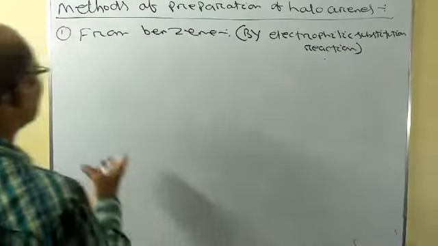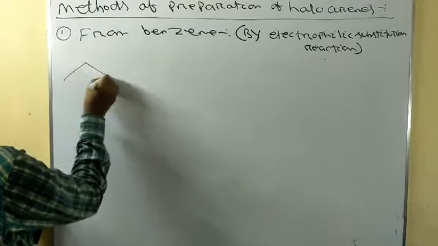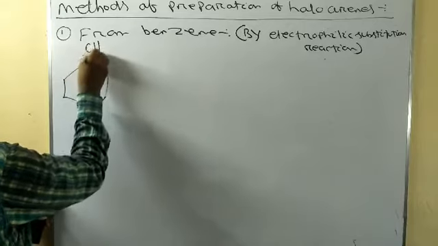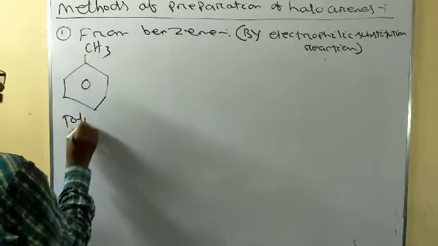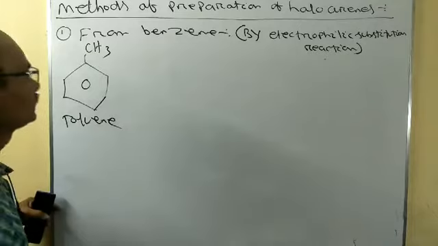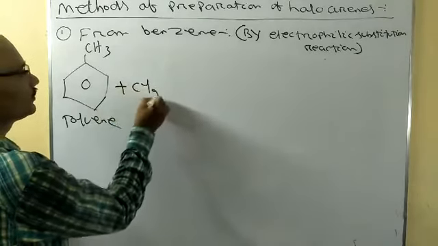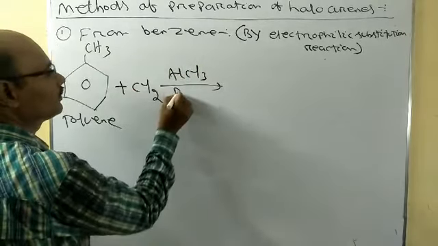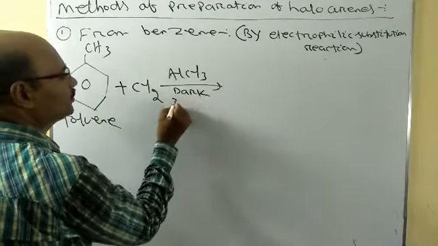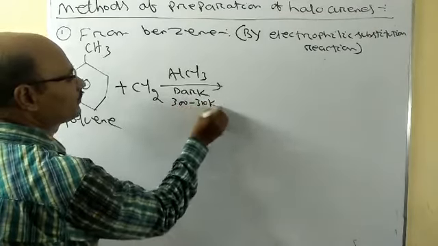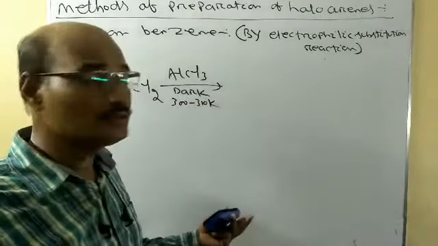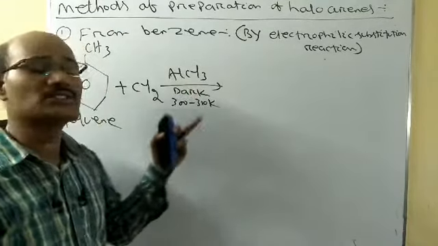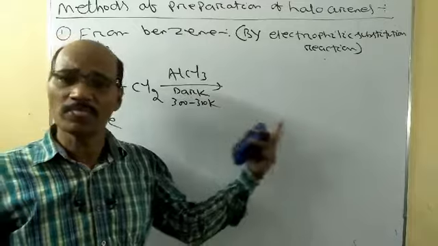Now, if I take toluene, CH3, toluene plus Cl2, AlCl3, dark condition, 310 Kelvin. So here what happens? Cl2 and AlCl3 again give Cl plus and AlCl4 minus.